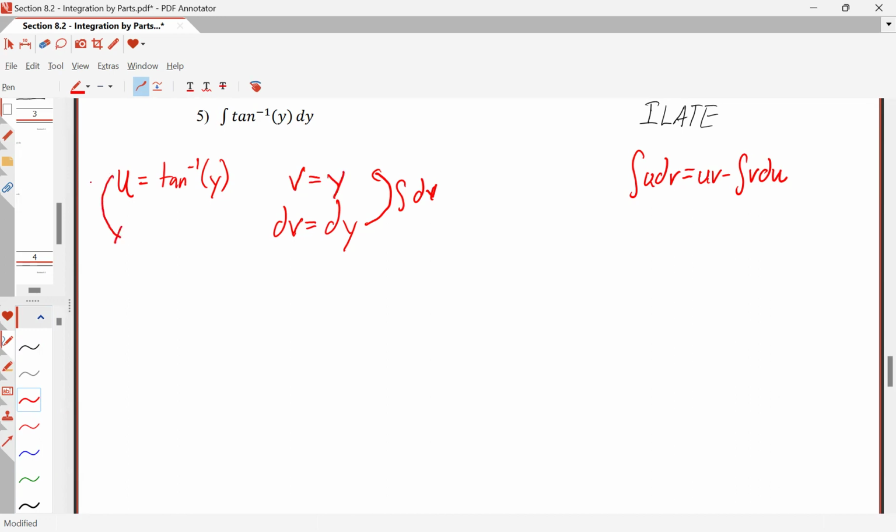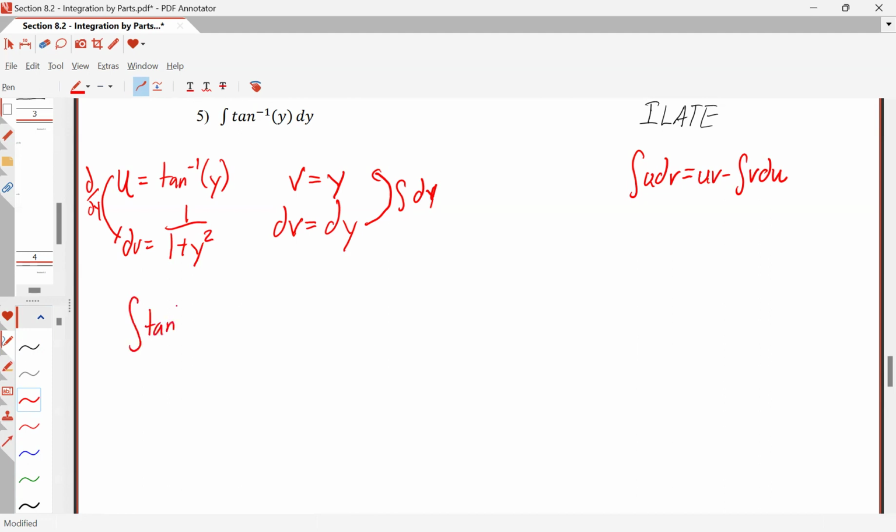And we need to find the derivative of tangent inverse. We're picking this because tangent inverse is a derivative we know.